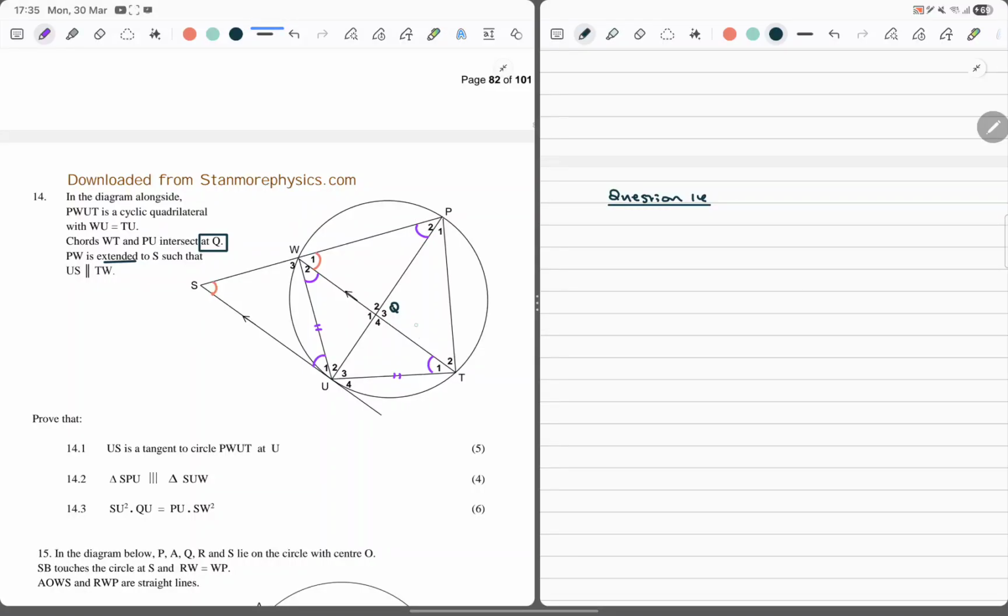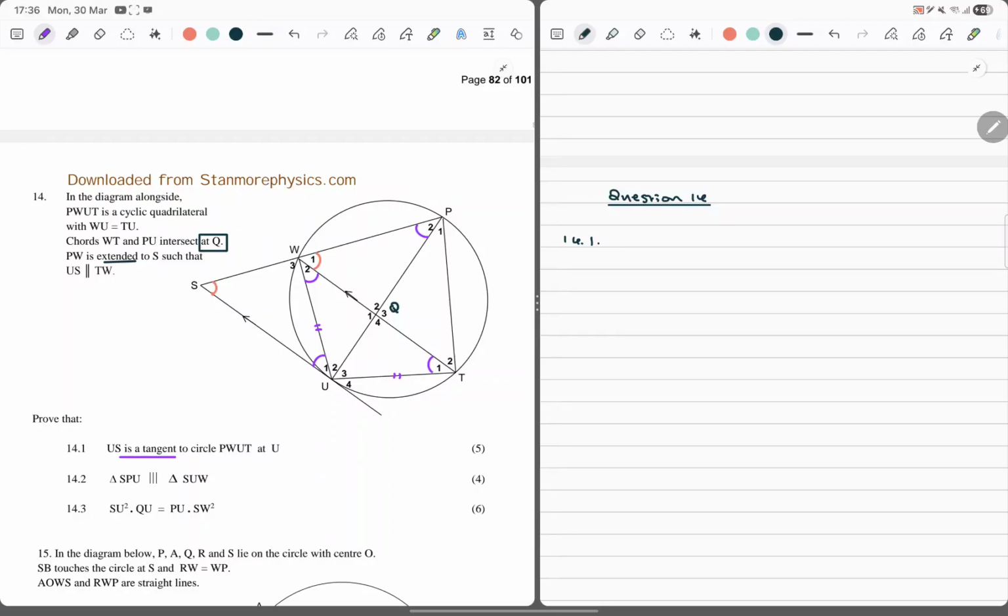These are angles in the same segment subtended by chord UW or arc UW. There's plenty. At this point, you don't want your diagram to be too busy. As long as you've highlighted a few issues, they might help. Now let's prove that US is a tangent to the circle.